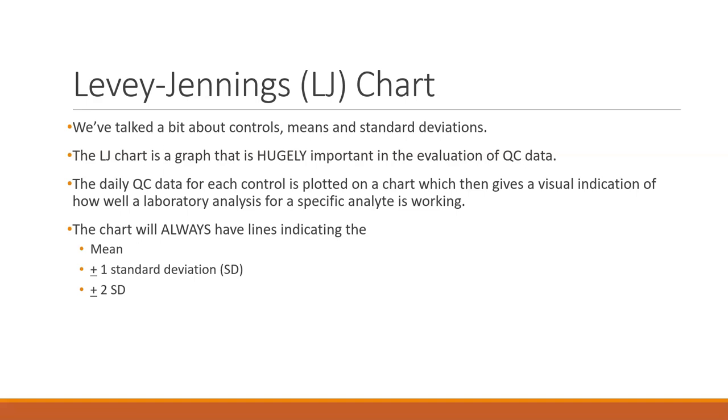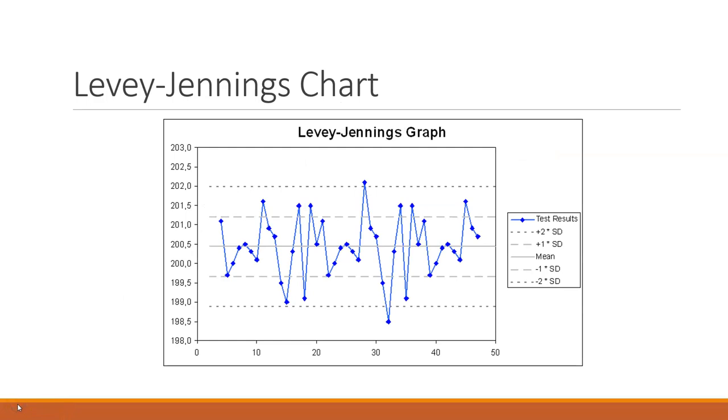The chart will always have lines indicating the mean, plus or minus 1 standard deviation, and plus or minus 2 SDs. And we want all of our results to fall within plus or minus 2 SD. So a Levy-Jennings chart is created for every analyte that we're testing for. For example, a CBC may have 5, so you'll have 5 LJ charts.